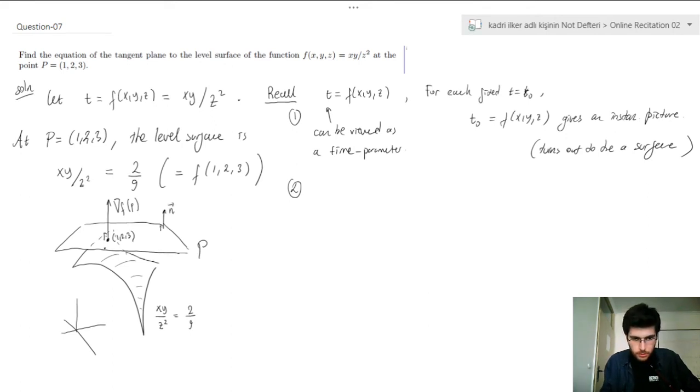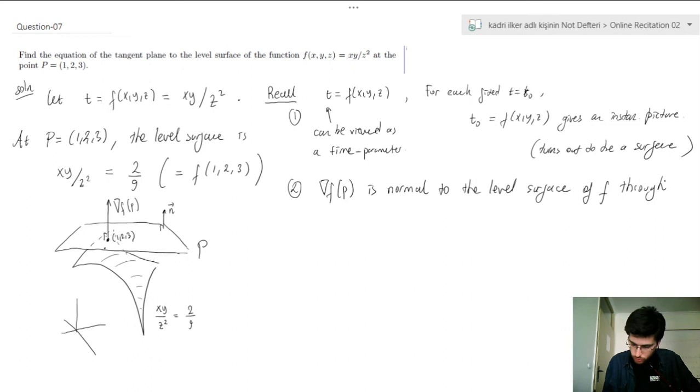So the recall is: the gradient of f at P is normal to the level surface of f passing through the point P. So therefore we just compute the gradient of f at the point P.